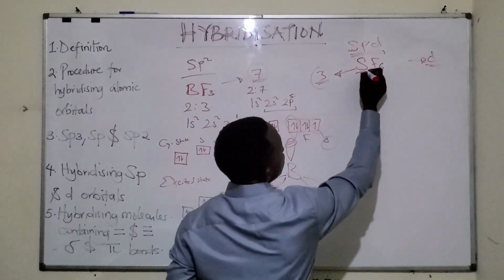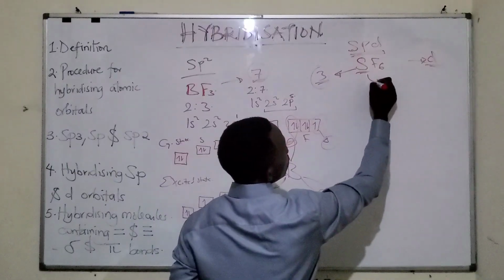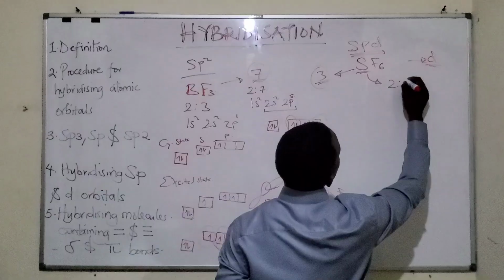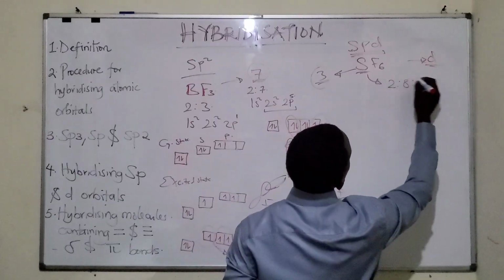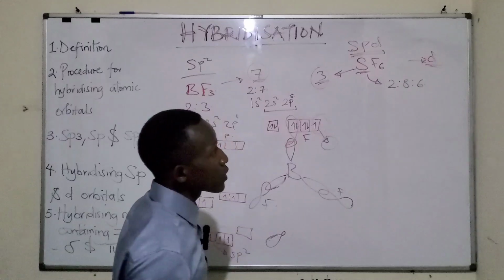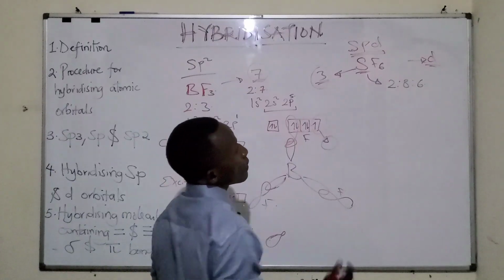That means sulfur, its electron configuration is 2, 8, 6.